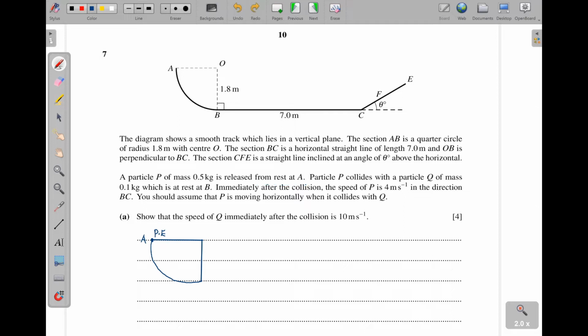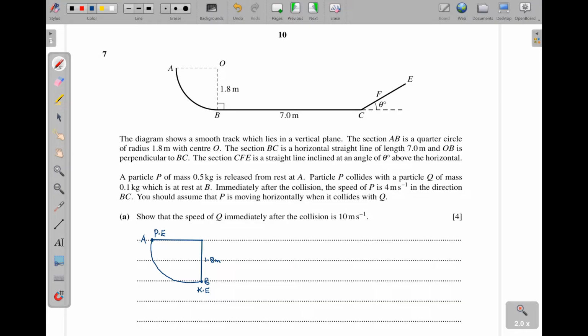By the time this comes here, it will pass B with a certain speed. So at B there will be kinetic energy, but no potential energy because now it is on the ground, so there is no vertical height. By the time P reaches point B, all its potential energy is converted to kinetic energy.